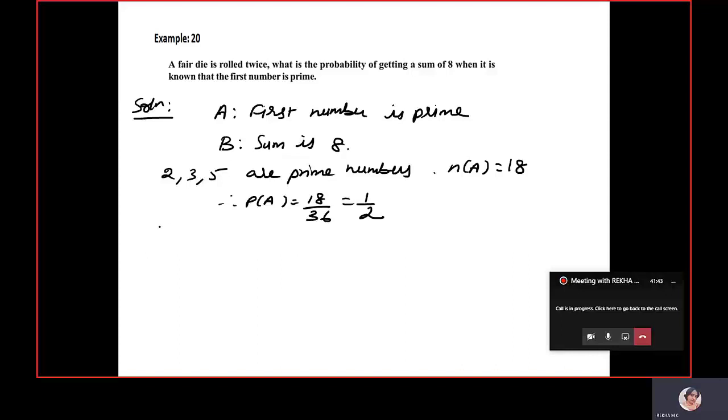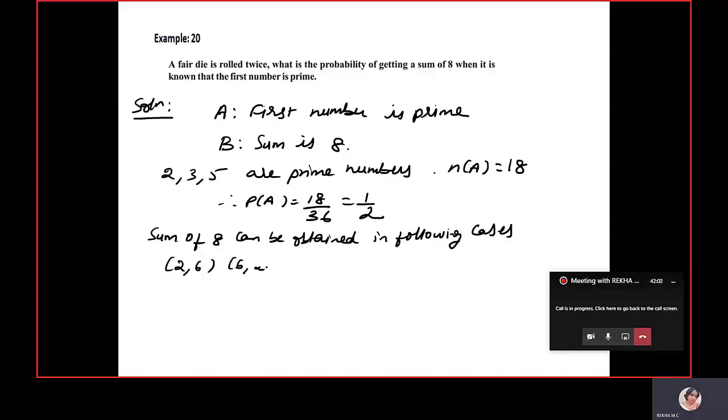And a sum of 8 can be obtained in the following cases. That is 2, 6, 6, 2, 3, 5, 5, 3, 4, 4.